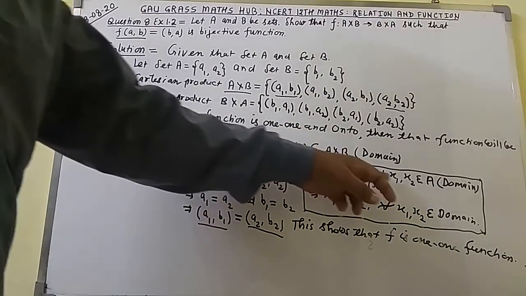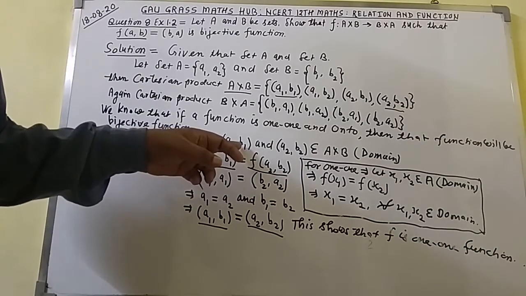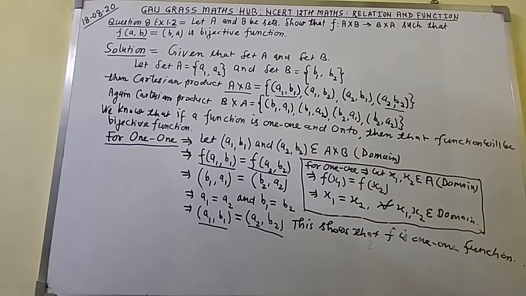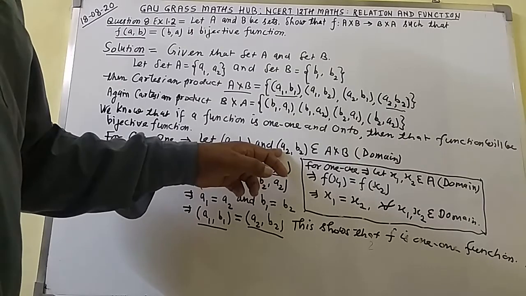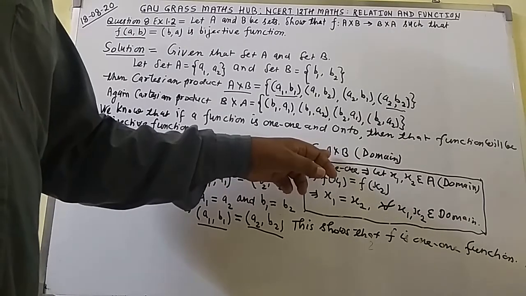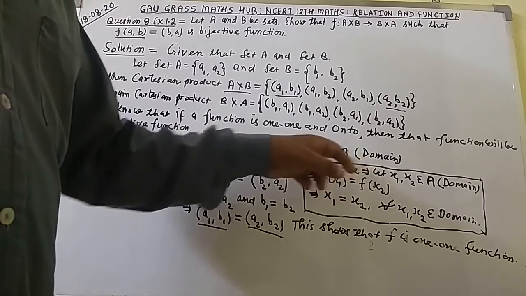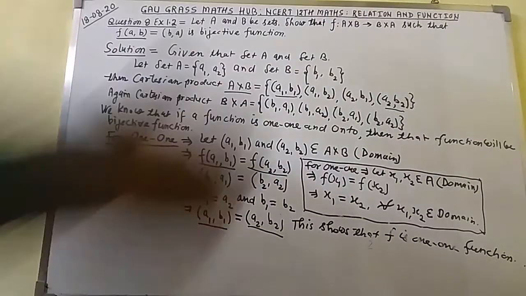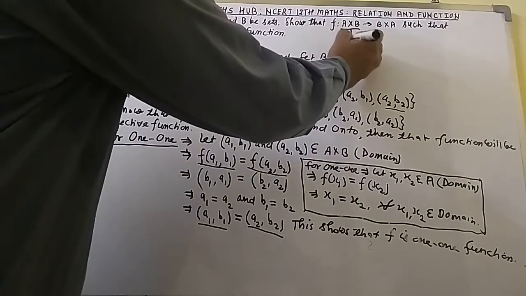Here in place of x1, I have written a1 b1, that is ordered pair in case of Cartesian product. In place of x2, I have written the ordered pair a2 b2 belong to Cartesian product A cross B, that is domain. Here you can see A cross B, this is the domain.